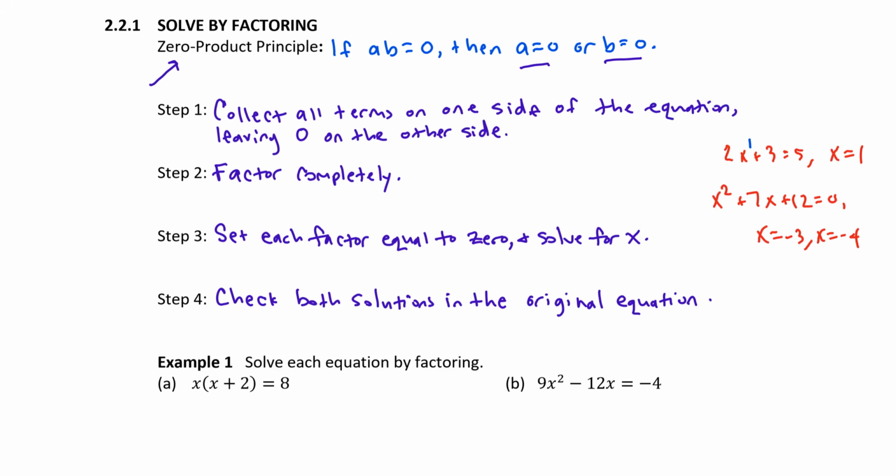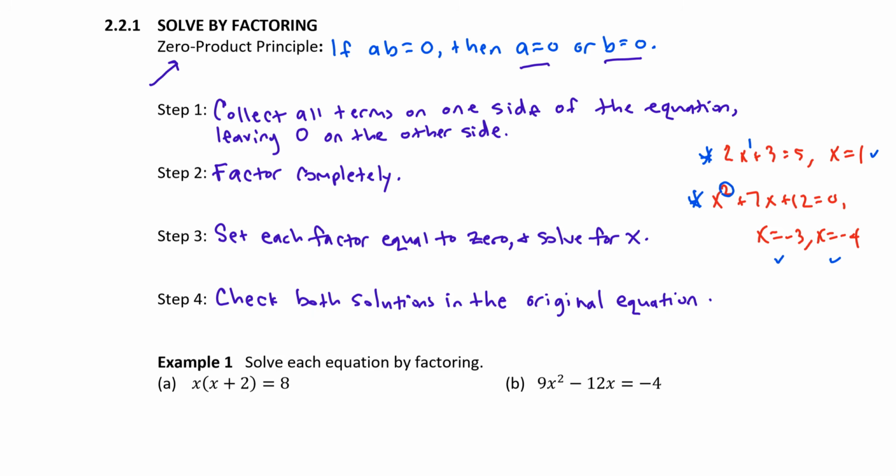And by degree, I'm talking about the highest exponent that I can find. So in this first example, the linear equation, I've got a degree 1 equation. I ended up with one solution. In the example of the quadratic equation here, I had a degree 2 or quadratic equation, and notice we end up with 2 solutions.